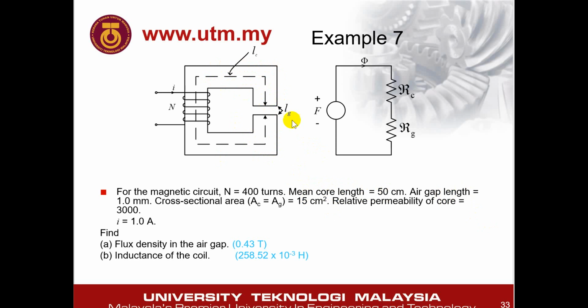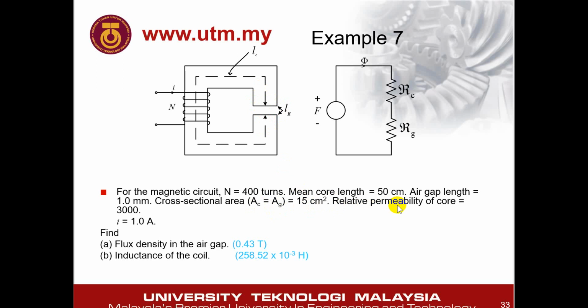And the air gap has a 1 millimeter gap, and the cross-section area is AC equals AG, meaning the cross-section of the core is similar to the air gap, so it doesn't consider the fringing effect, and equals 15 cm squared.